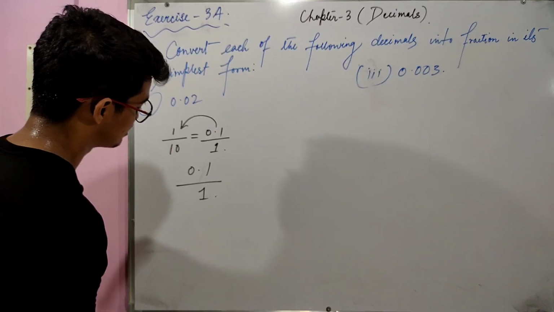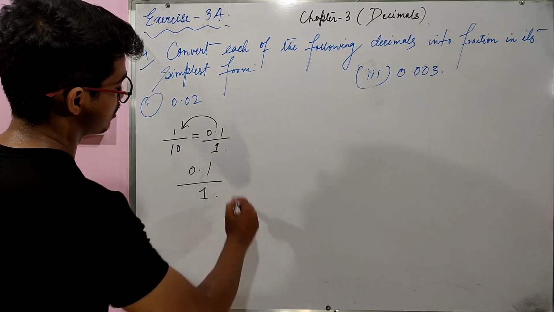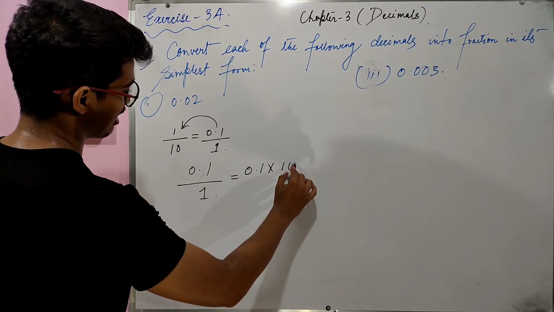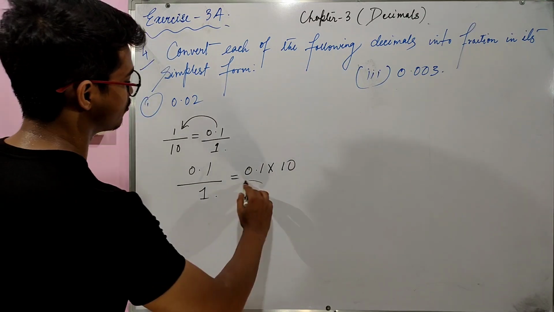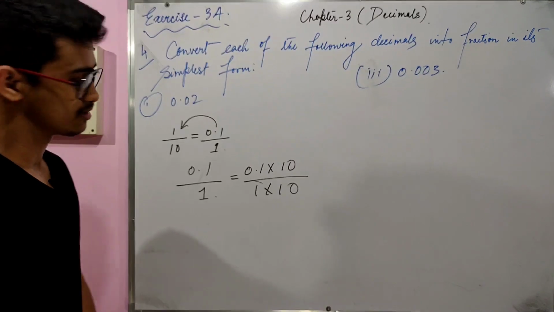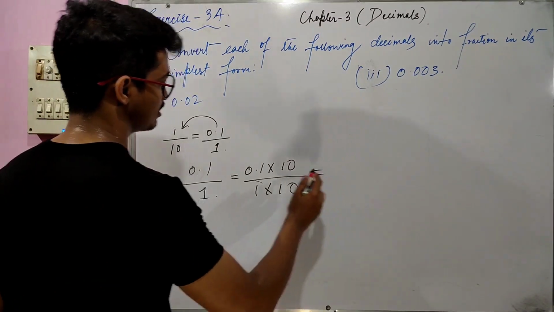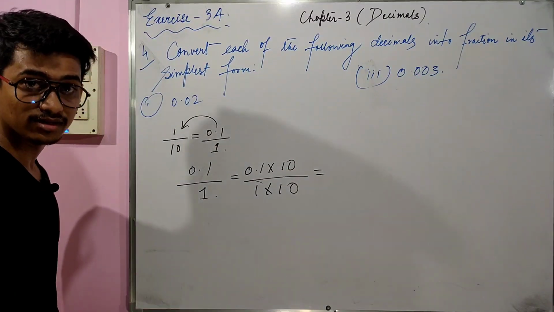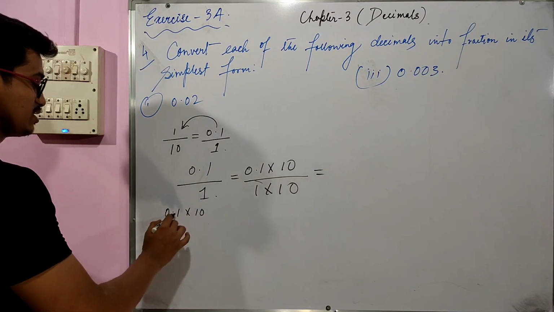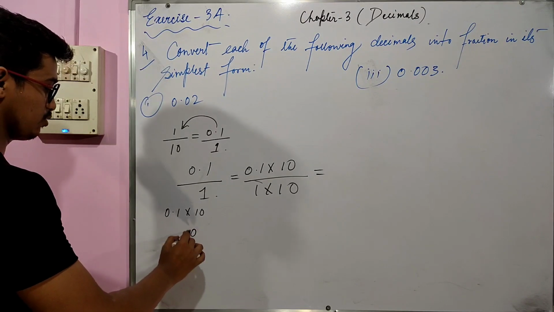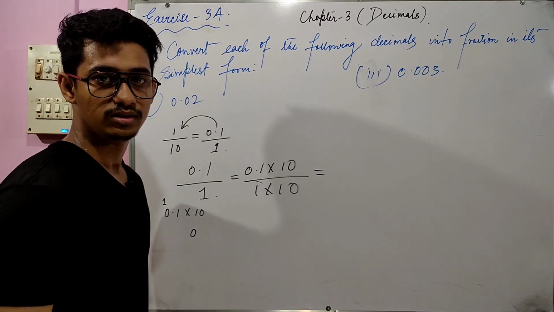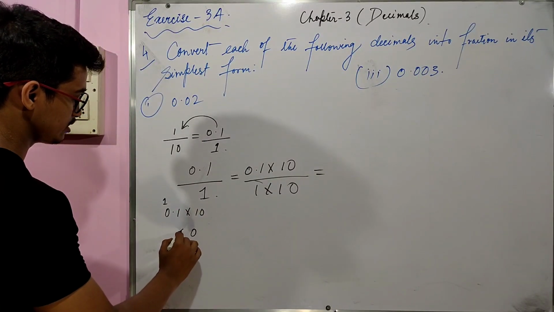So how will you deal with this number? You simply multiply 10 with both the denominator as well as the numerator. So what is the net result? 0.1 into 10. 10 into 1 is 10, 1 carry, 10 into 0 is 0, plus 1, that is 1.